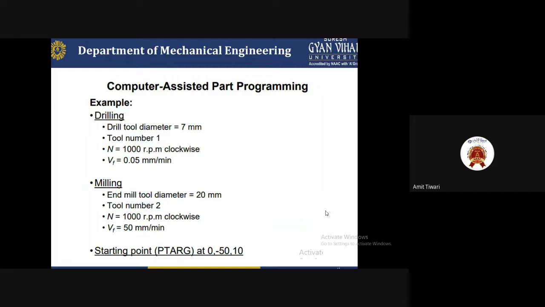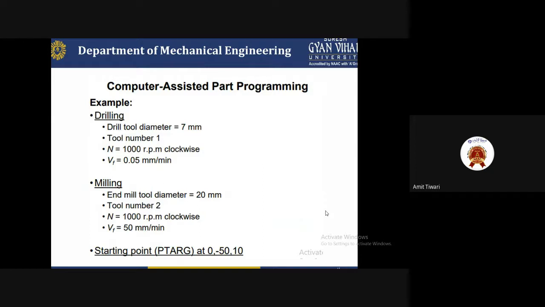Second is the RPM of the milling machine. The tool number is 2, and for the cutting operation with the end milling tool, we can improve the surface quality. We are also operating different RPM for different clockwise directions. The feed velocity is basically 50 mm per minute.